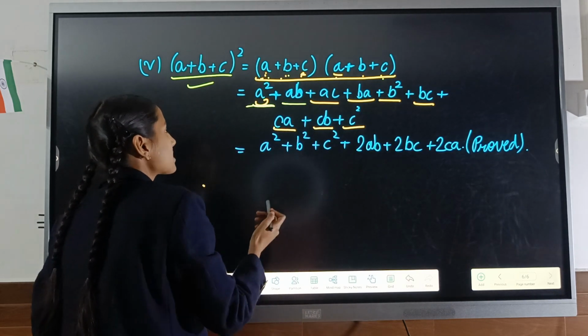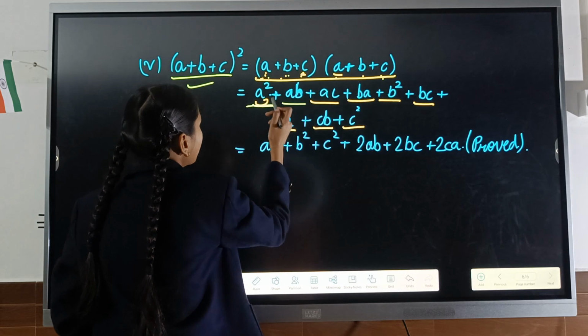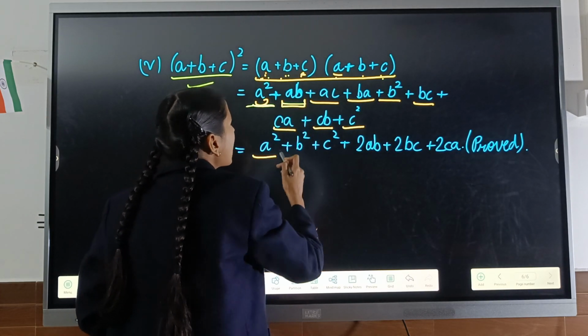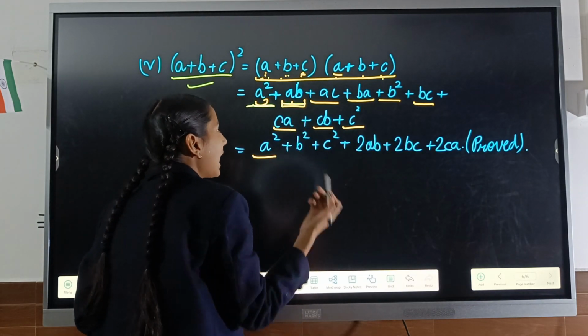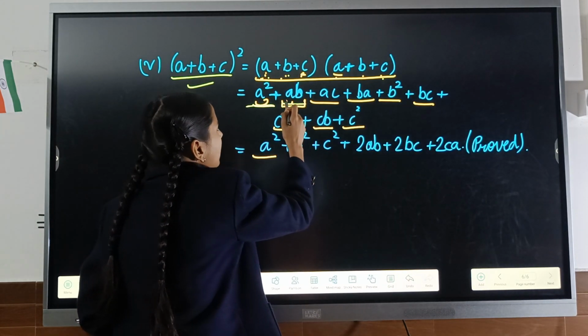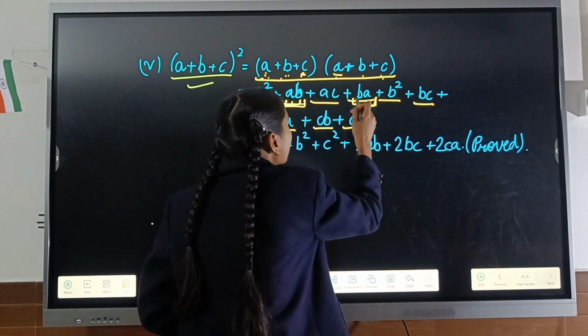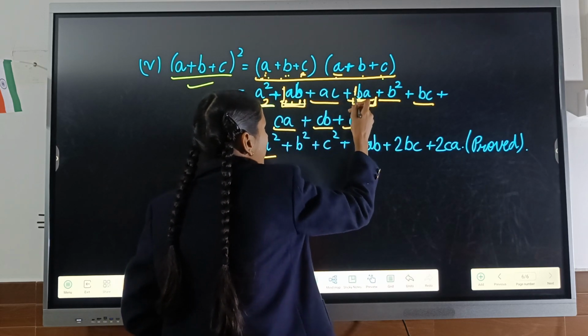So let's add the same variables. We will simply put the a square firstly, then here is the ab. So let's find whether we have another same variable like this ab. So here we have the same variable, which is ab or ba. So here is 1ab, here is 1ab.